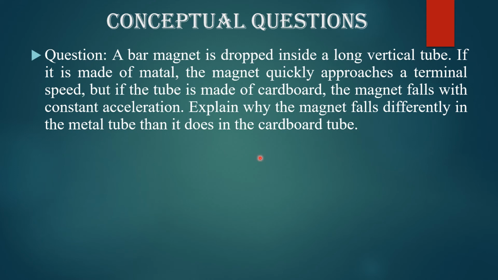According to Lenz's law, the eddy current will oppose the change in flux. So that opposing force will soon be equal to the weight of the magnet, and it will achieve terminal velocity or uniform velocity.